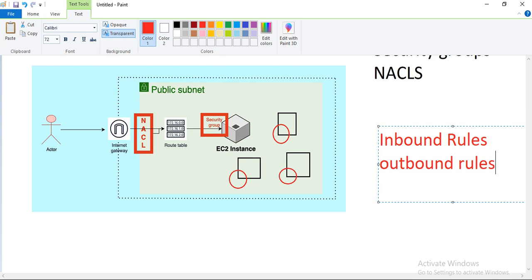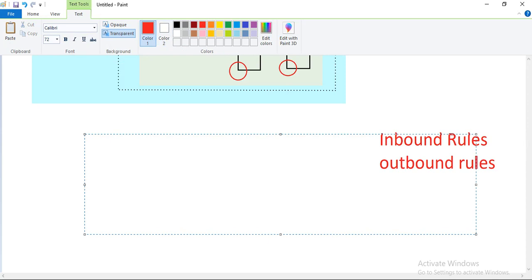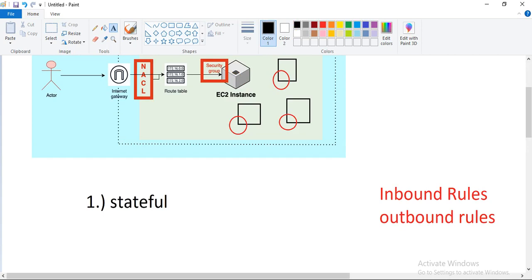If you are talking about a security group, it is stateful. Let me write it here, it will be easy for you to understand. Stateful means that if the inbound rules allow traffic, then the corresponding outbound traffic is automatically allowed. For example, if you configure port 80 to be allowed, the outgoing traffic will automatically be allowed in the outbound rules.